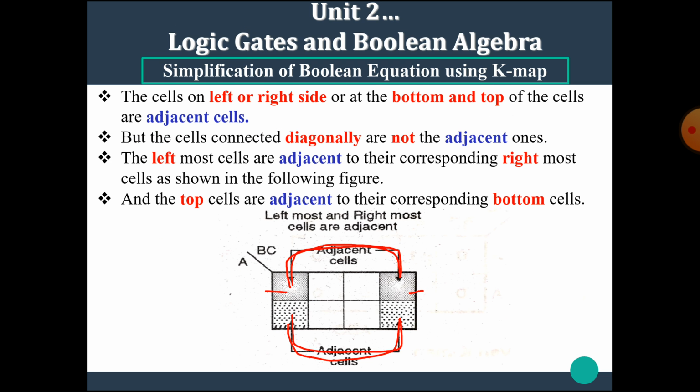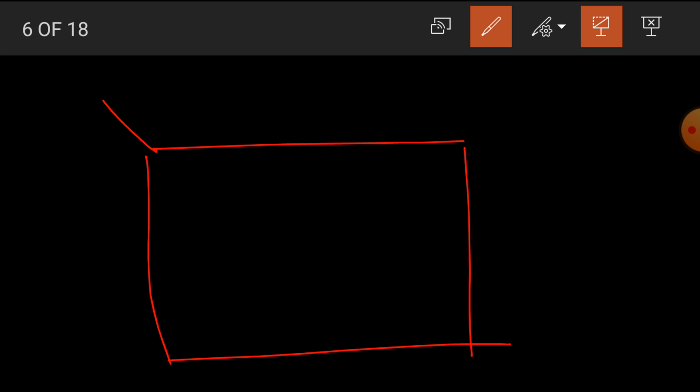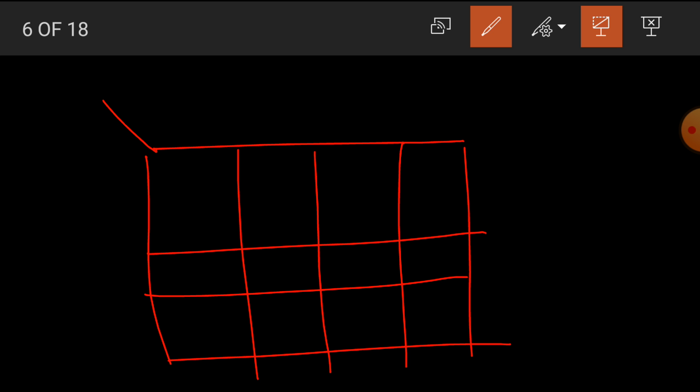Let's see once again. If this is the Kmap, now we can say that there are some adjacent cells, that means neighboring cells. This cell is neighbor with this cell.